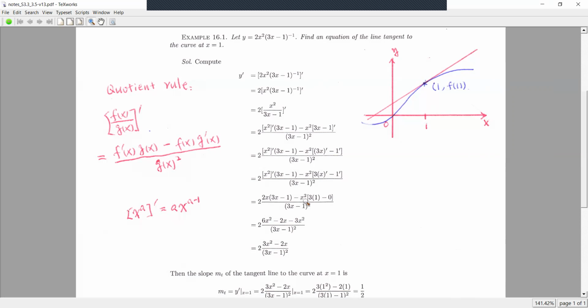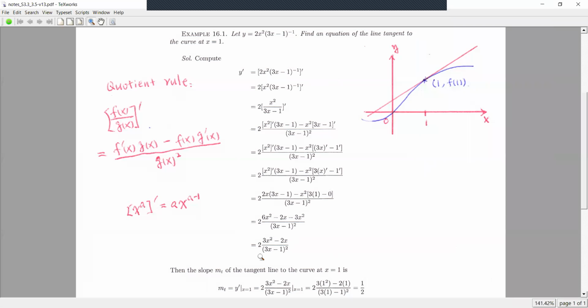And then x squared times 3 times 1 minus 0 is 3x squared. Combine the first term and the third term, then we get this equation. This is the derivative of the function. Also, it is the slope of the tangent line at the general point x.